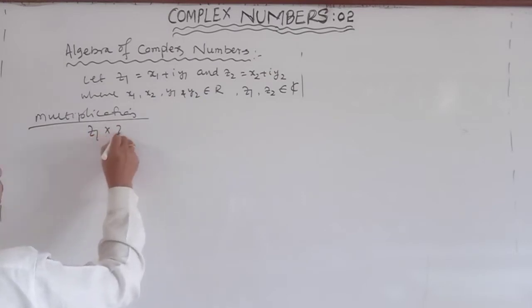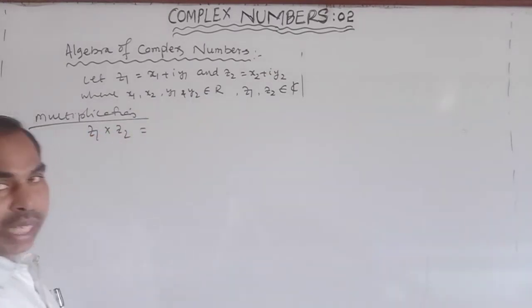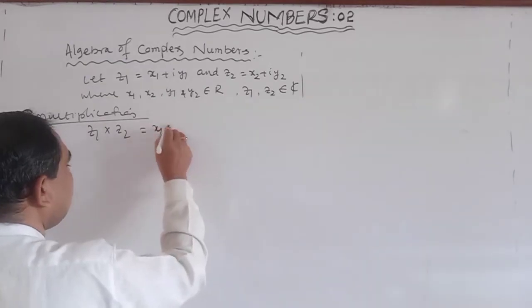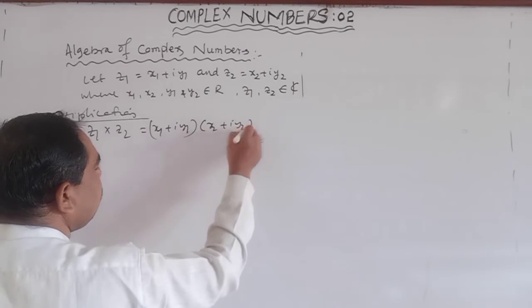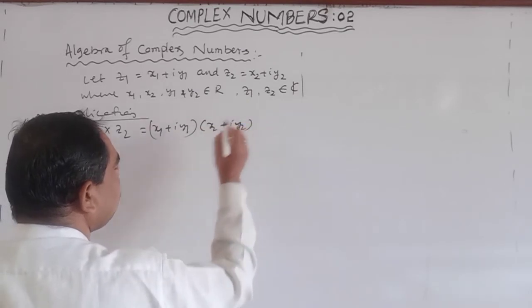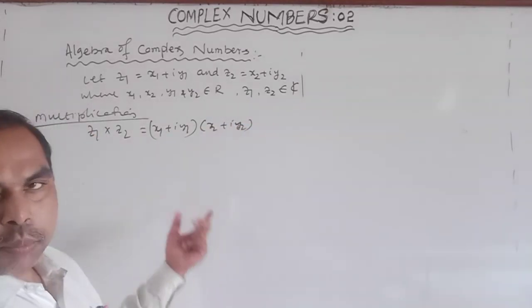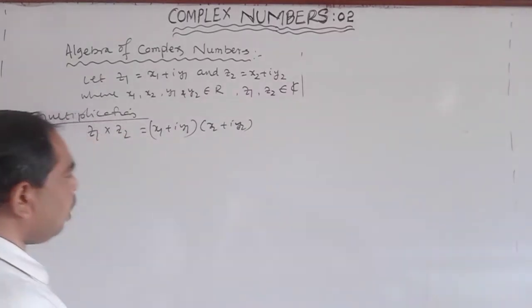Z1 into Z2. So what is Z1? x1 plus iy1 into x2 plus iy2, multiply in general form.